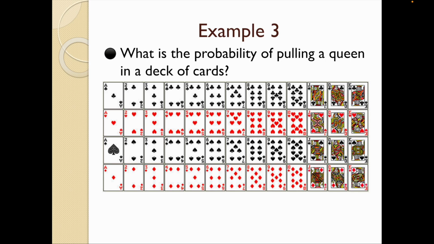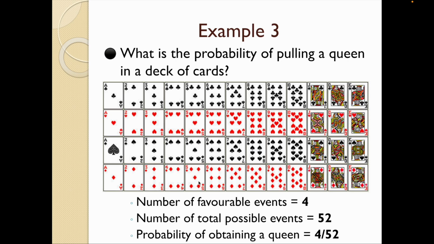So the favorable events in this case would be 4, right? Because how many queens do we have? The queens are the ones with a Q. So we have 4 queens, and the total number of cards is how much? 52.